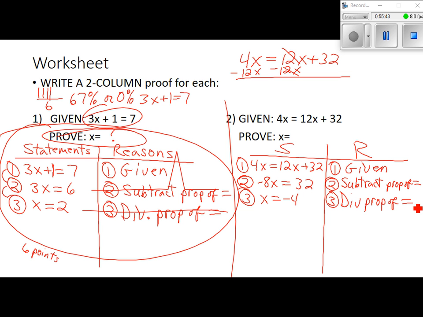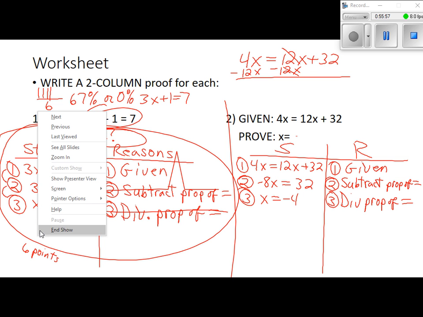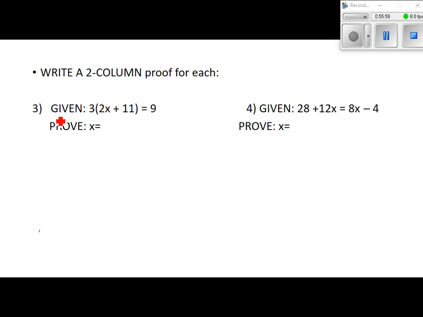I didn't put what x equaled on each one of these, just because I've had students in the past who already know what x is and are just being knuckleheads, and I didn't want to deal with that, so I didn't put what x equaled on them. Next one. Statements, reasons.